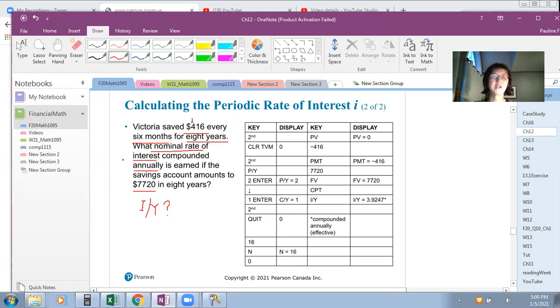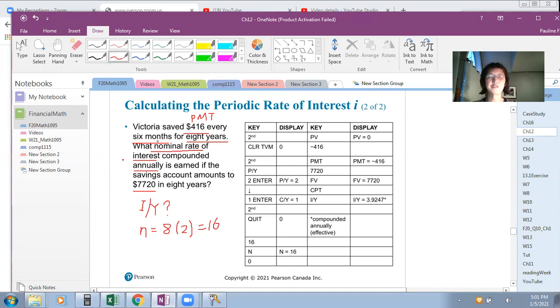And given PMT 416, and 8 years means term equal to 8 years multiplied by 2. Why multiply by 2? Because you saved every 6 months.